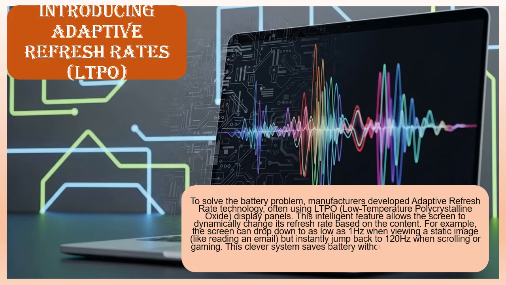For example, the screen can drop down to as low as 1 Hz when viewing a static image, like reading an email, but instantly jump back to 120 Hz when scrolling or gaming. This clever system saves battery without sacrificing smoothness when it's needed most.